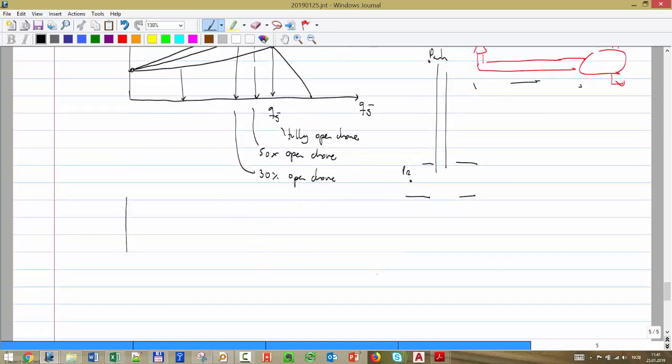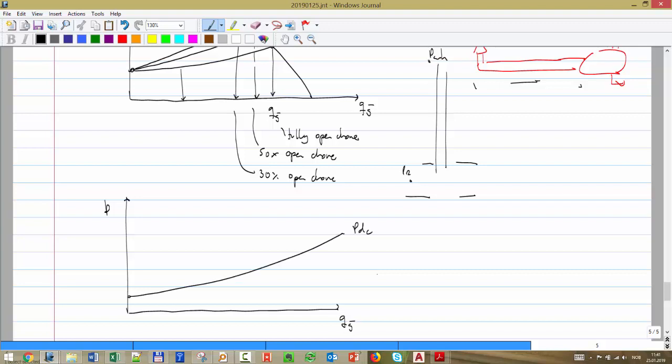So if you remove the choke completely, you have P, Q, and you have the two original curves, right? You have PDC, and you have P wellhead. What happens if I put no choke? This will be the equilibrium rate. That's the maximum my system can produce.